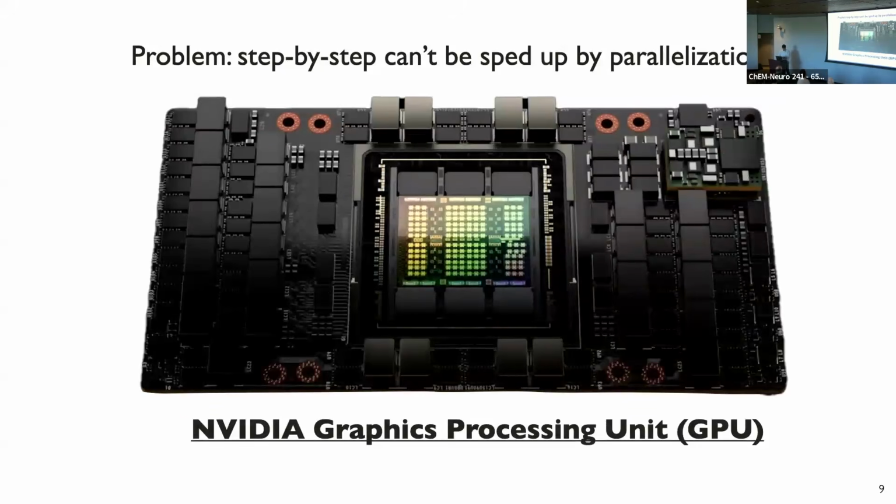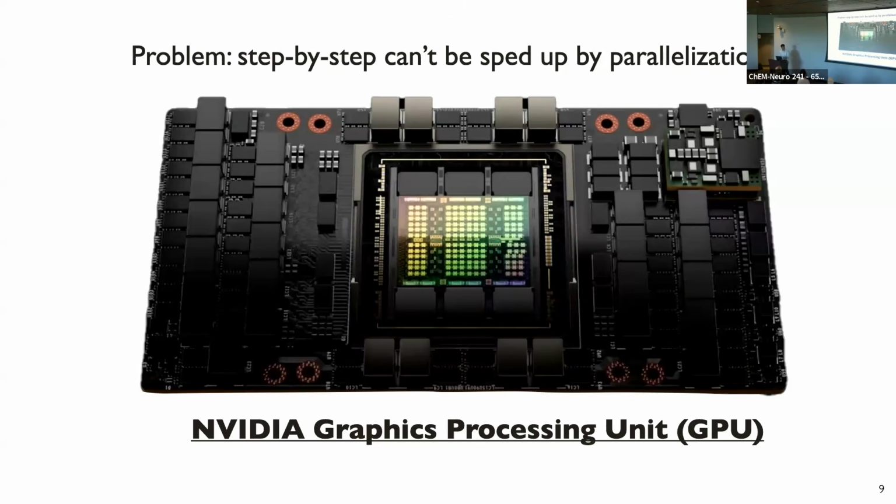So this is a graphics processing unit, also known as a GPU. It has over 10,000 parallel workers on it. So it's great for speeding up processes where there's a lot of computation to be broken up and parallelized. But these step-by-step state space models would appear to be a bottleneck on such a parallel computer. Speed is important. Speed lets you accelerate things.